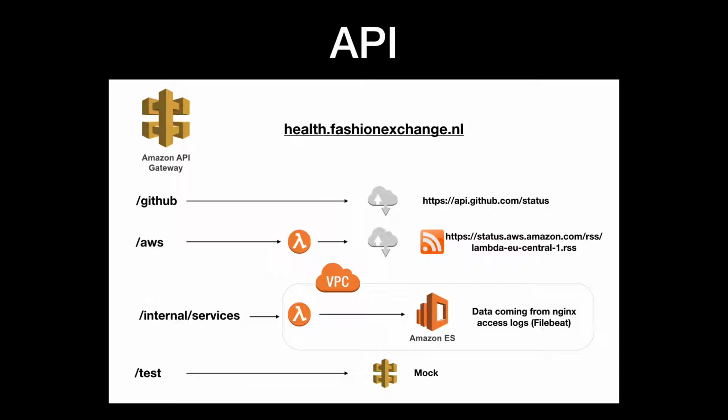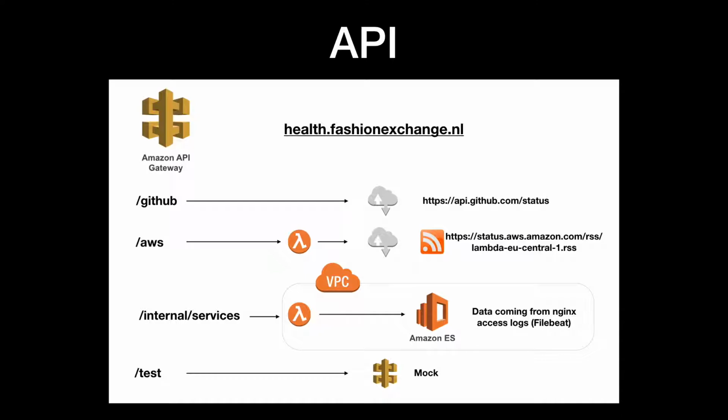So what I'm going to show you, the API that I will demo, is basically going to have these calls. Like I said, a direct call to the GitHub status API. These on the left side are all endpoints in my REST API that you'll see I can call from the app.